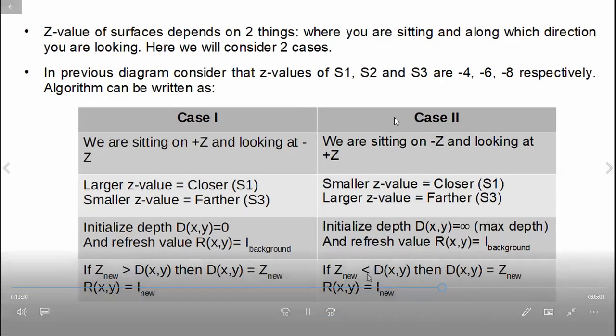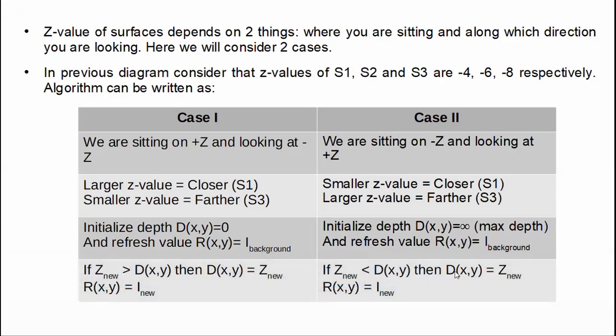If this value is less than the depth, then we will set that lesser value into the z buffer, and its corresponding intensity will be set into the refresh buffer. Okay, so this is how this algorithm works. We are just taking the surfaces, checking their depth values, and the corresponding intensities will be set, and whichever is the larger value, that will be displayed.